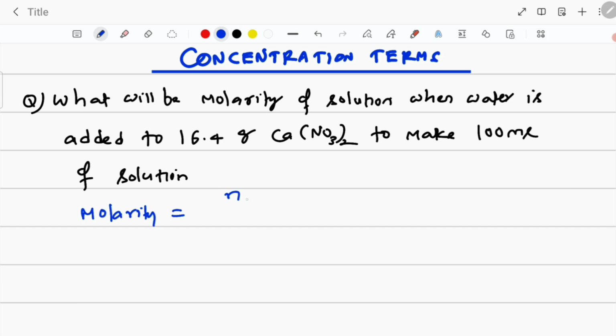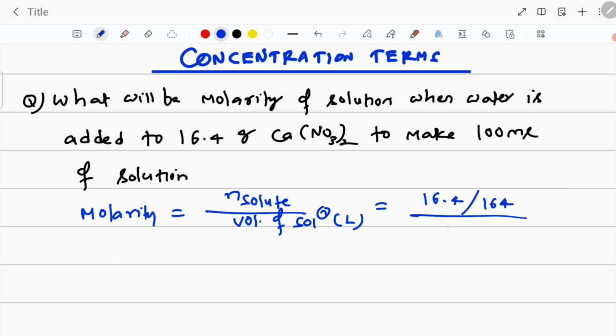So the molarity formula here we know: molarity is equal to number of moles of solute by volume of solution in liters. So that is 16.4 grams of calcium nitrate given, by 164, the molecular mass of calcium nitrate.